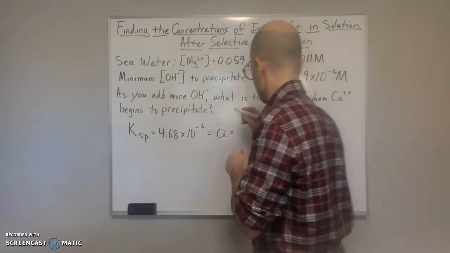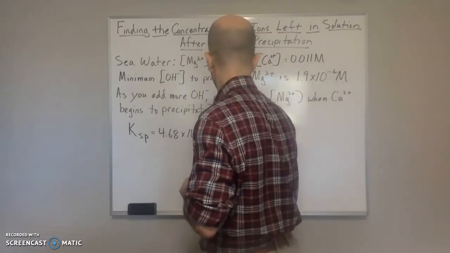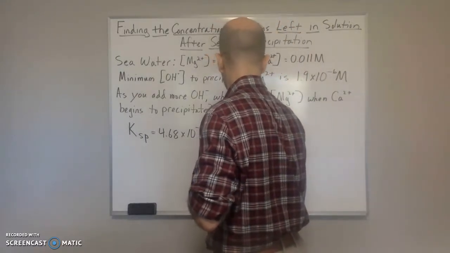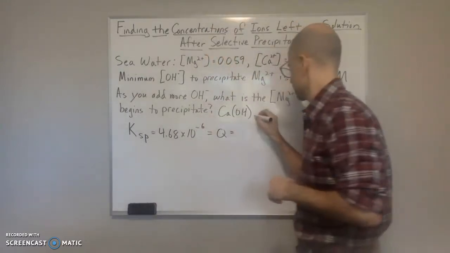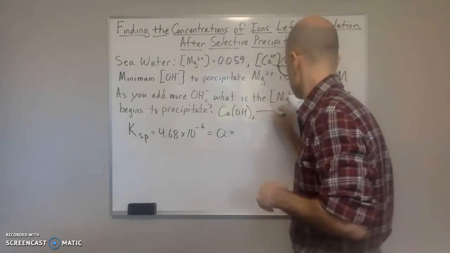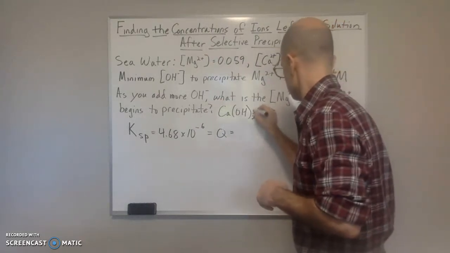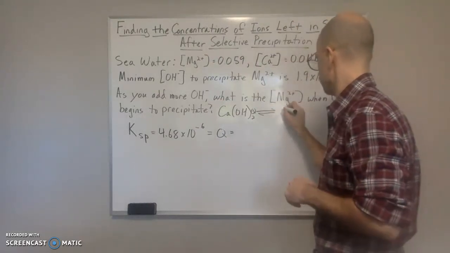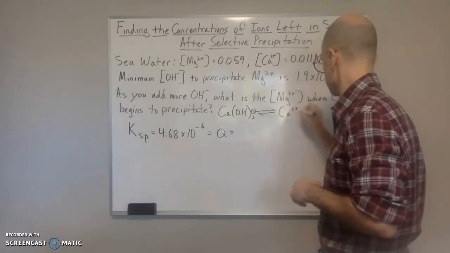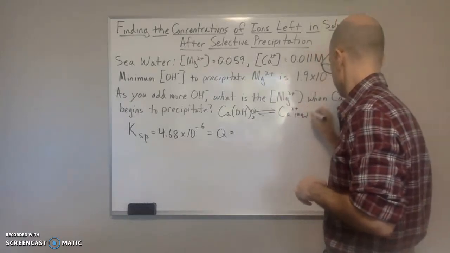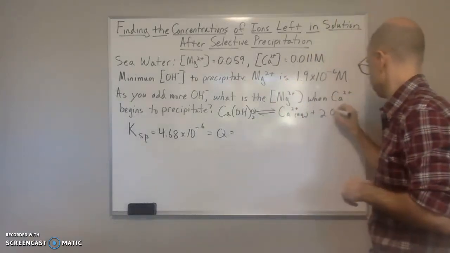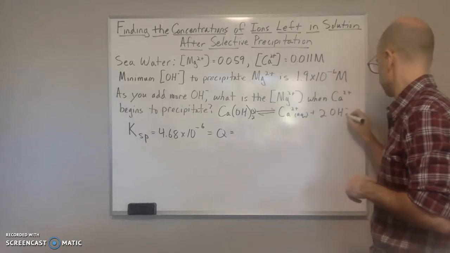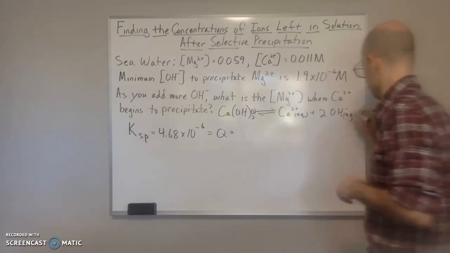So the formula for calcium hydroxide is Ca(OH)2 solid, and when that dissolves, it's going to become Ca2+ aqueous plus 2 OH minus aqueous.